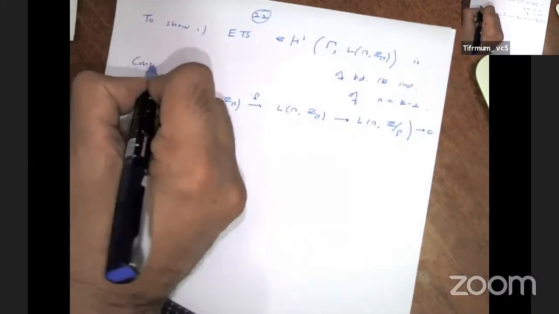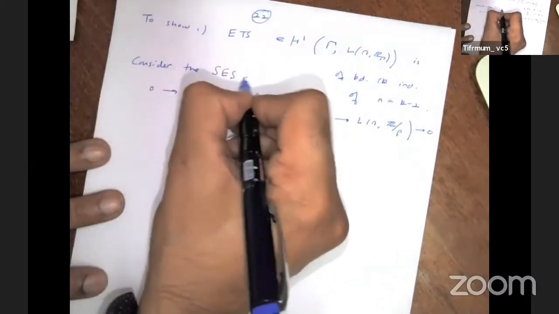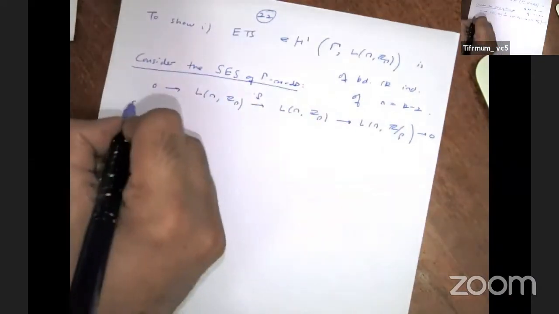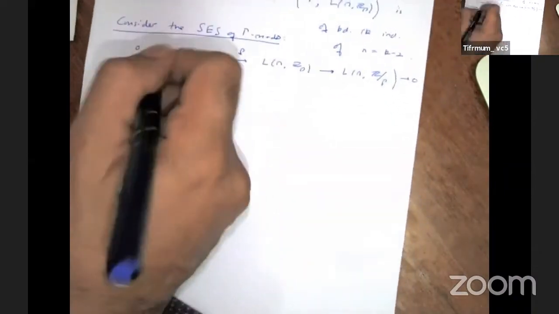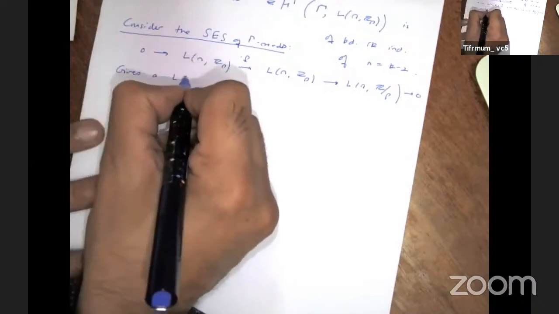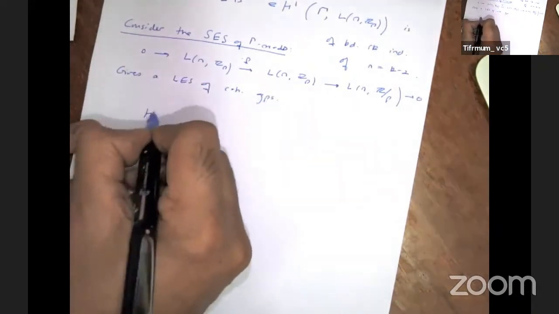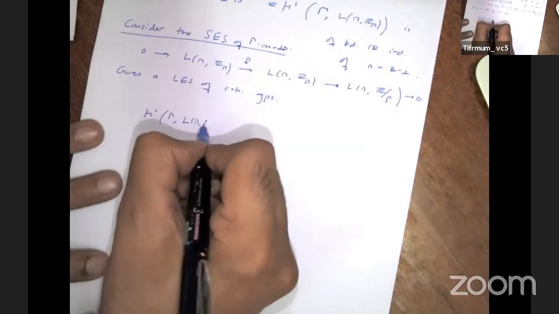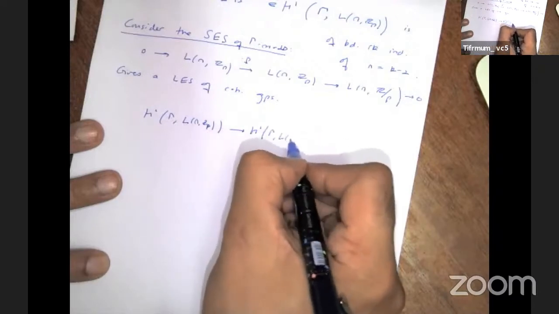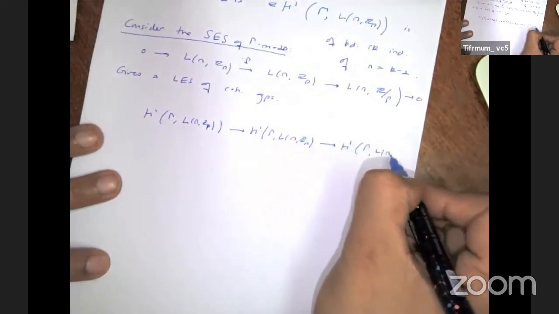Let me write things because it's not so clear when you don't write things. Consider the short exact sequence of Γ-modules. This gives, in my cohomology theory, and this is the whole point of cohomology, the long exact sequence of cohomology groups H1(Γ, L_n(Z_p)), H1(Γ, L_n(Z_p)), H1(Γ, L_n(Z mod p)), and so on and so forth.